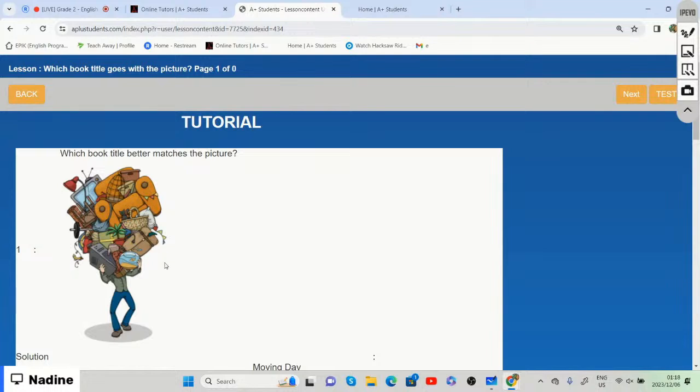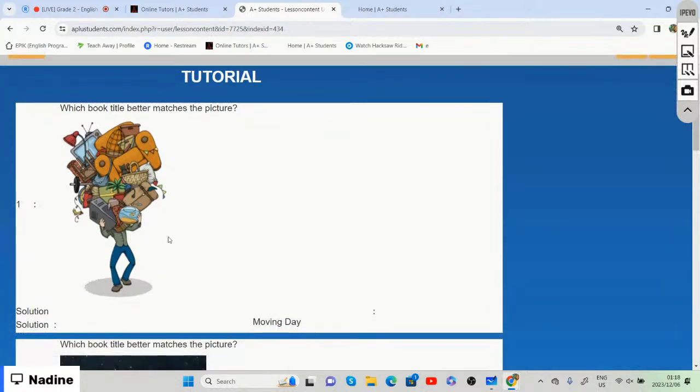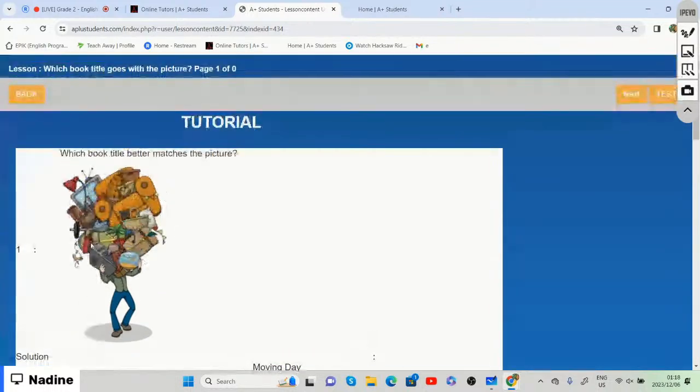So if you look at this picture, he is literally carrying a lot of things. Based on the picture and him carrying a lot of things, what do you think the title is?